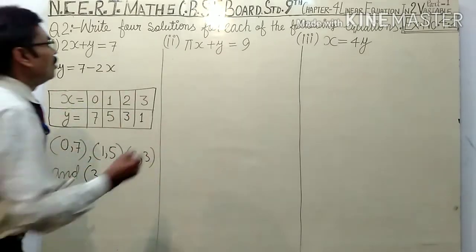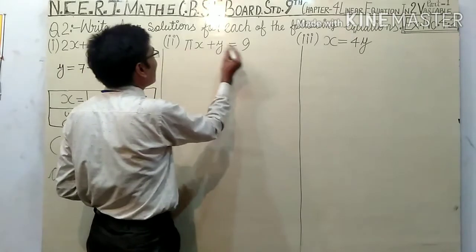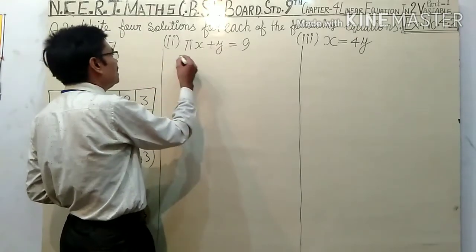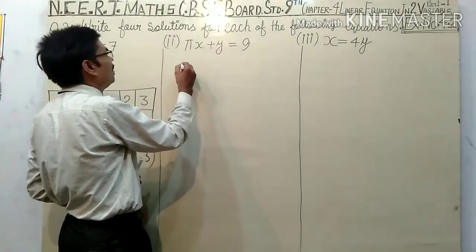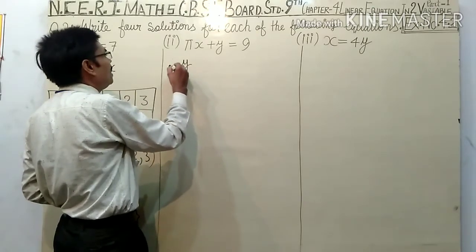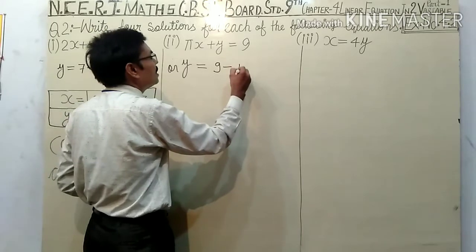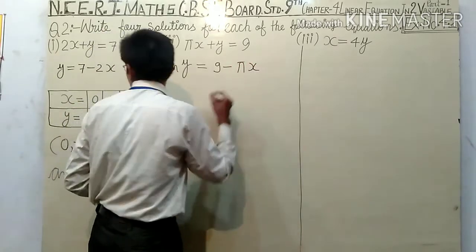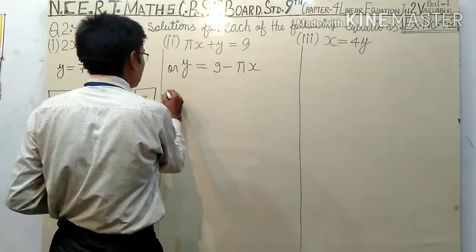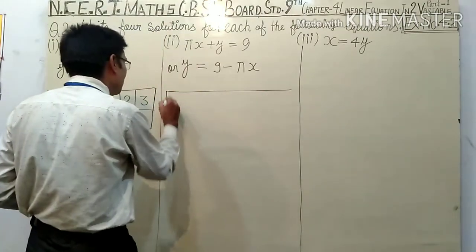Now second part, pi x plus y equal 9. This equation can be rewritten as y equals 9 minus pi x. Now by drawing the table, we have to find 4 solutions.